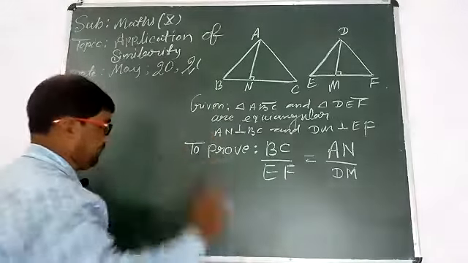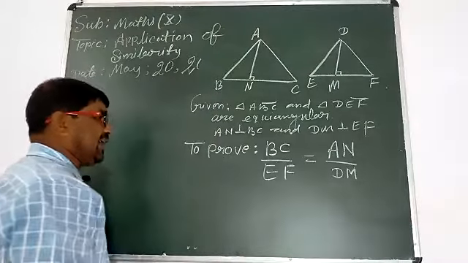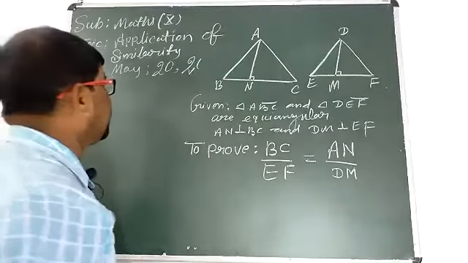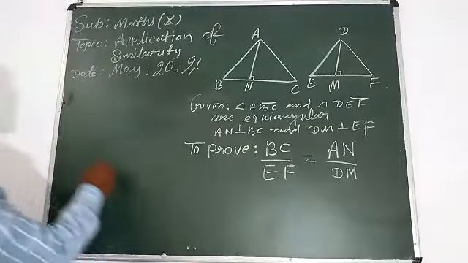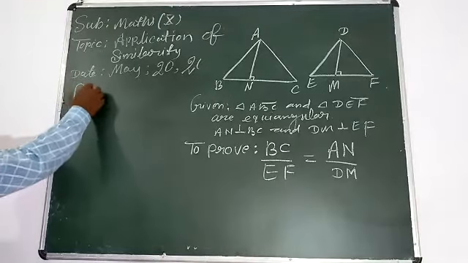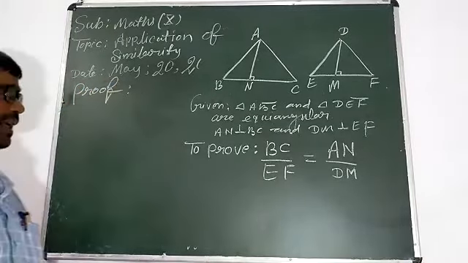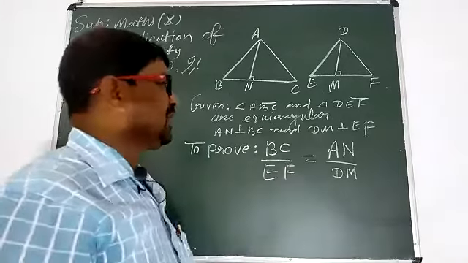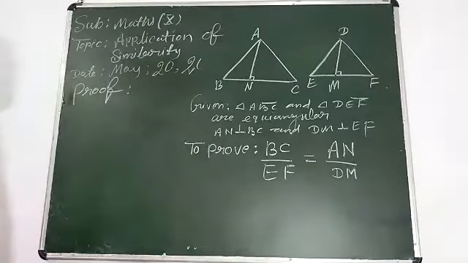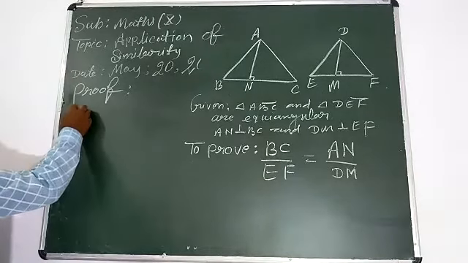This is the problem. Understood, student? Now come to the proof. How are they equal? BC upon EF equals AN upon DM. Now write in the proof.